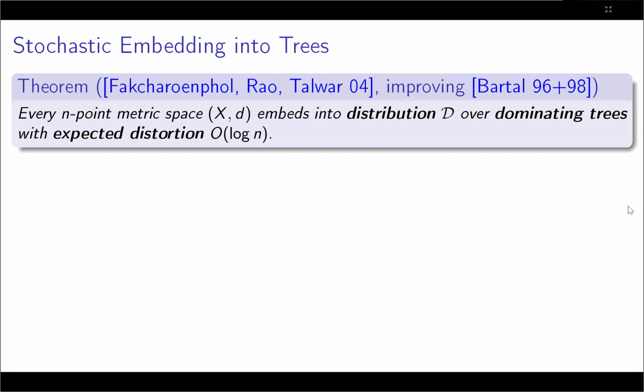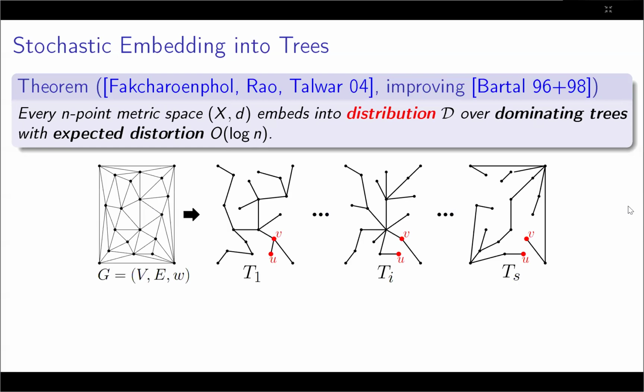Specifically, the theorem, which is, I guess, the key one for today's survey, is that for any finite metric space or weighted graph, you can embed it into a distribution over dominating trees with expected distortion log n. Let's break this theorem down. There are a couple of key things. First of all, distribution.